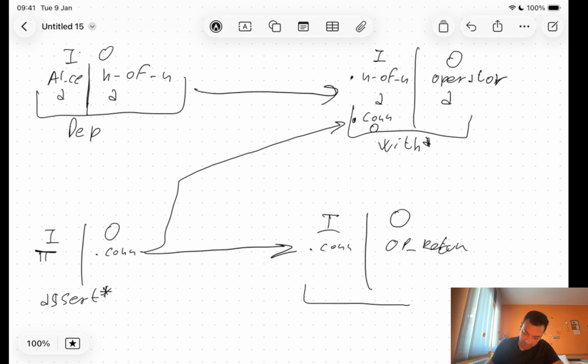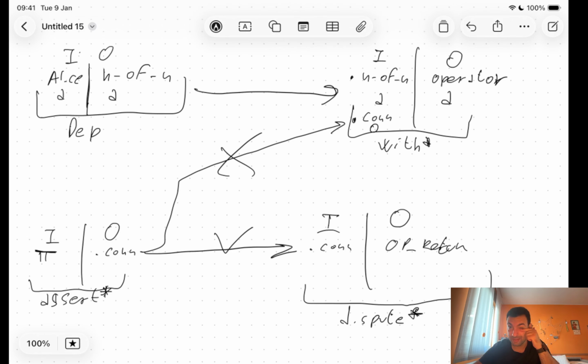The goal of this dispute transaction is just to spend this connector, so that if the connector is spent, it cannot be spent in the withdraw transaction. If we have this, then we cannot have this. The goal is to spend the connector so that the withdraw transaction cannot be spent anymore.